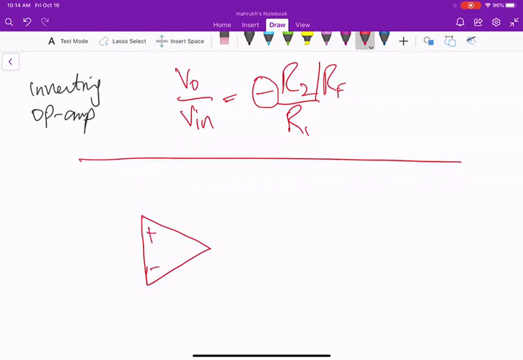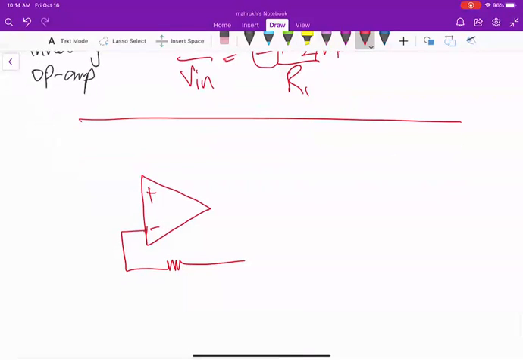So we said that our non-inverting op-amp configuration is this. This is V in or VS, okay?